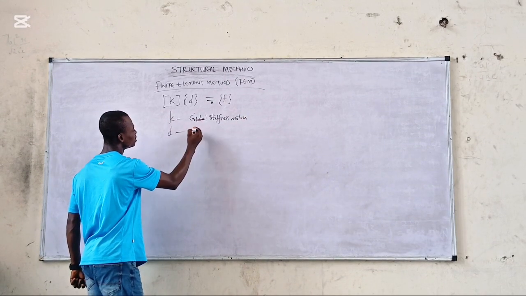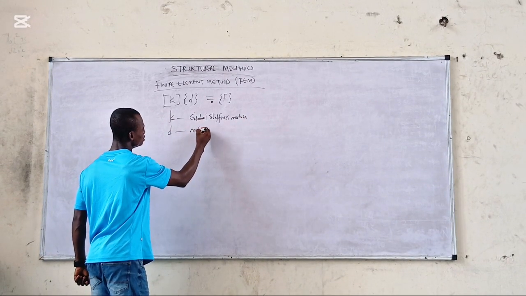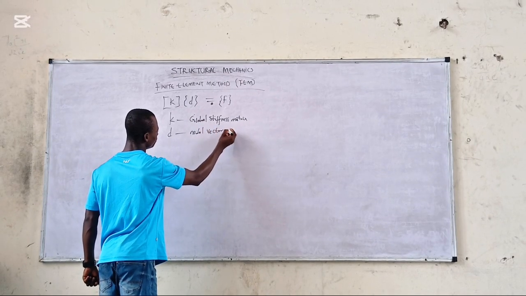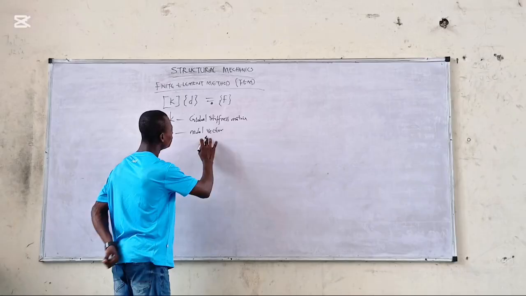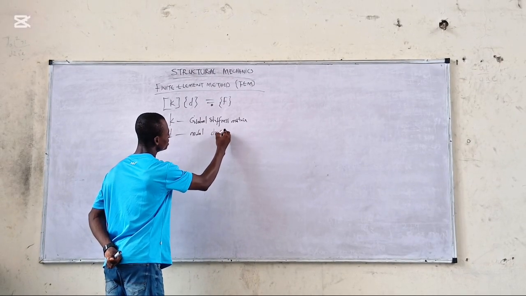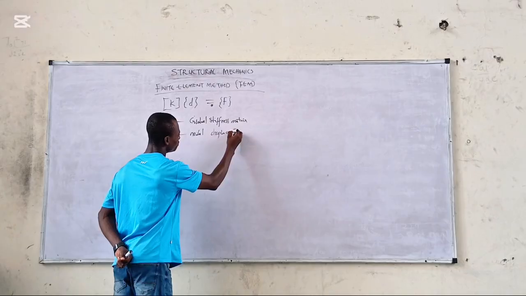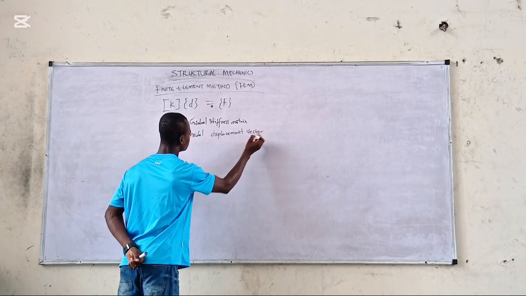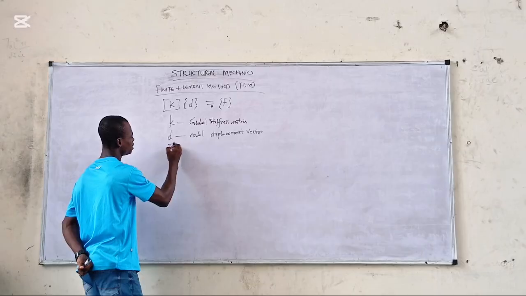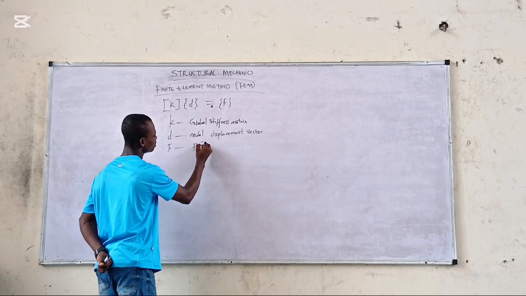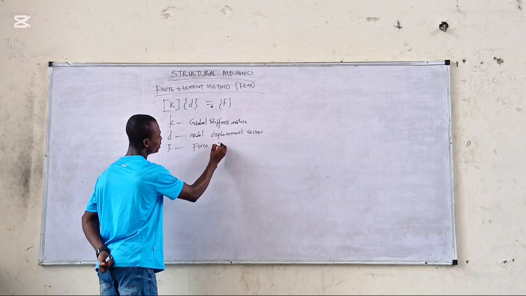Our D is the nodal displacement vector. And our F is the force vector.